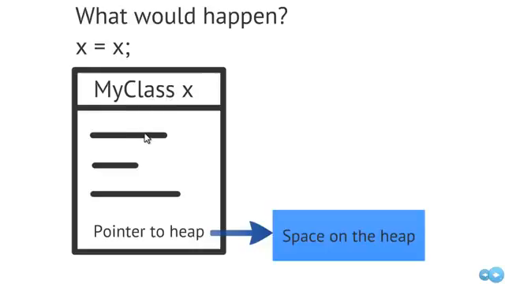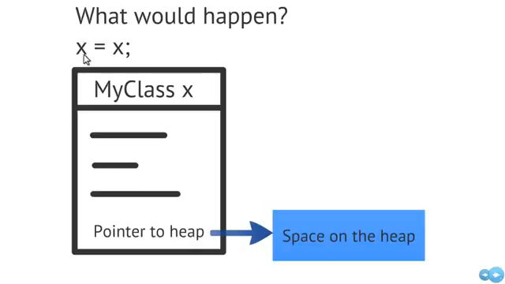X could in fact have a lot of data members, or maybe just a few data members, but if one of those data members was a pointer that was capable of referencing heap space, we'd have to be very careful, because typically what would happen here is that we would deallocate this particular heap space associated with what we had on the left-hand side, so that we could in fact allocate or assign the heap space that's associated with whatever we have on the right-hand side, whatever this particular my class thing may be pointing to out there on the heap.